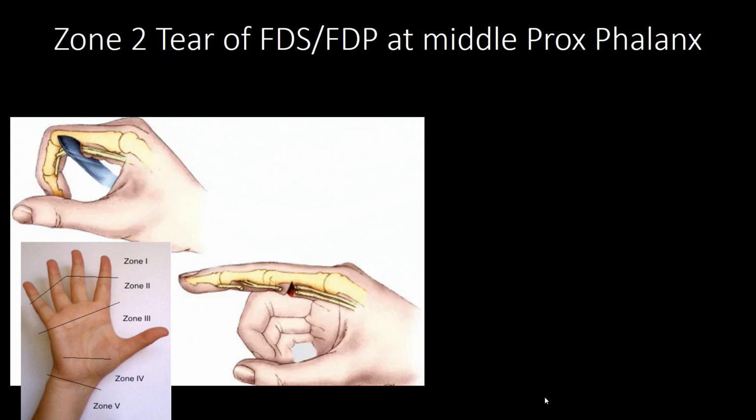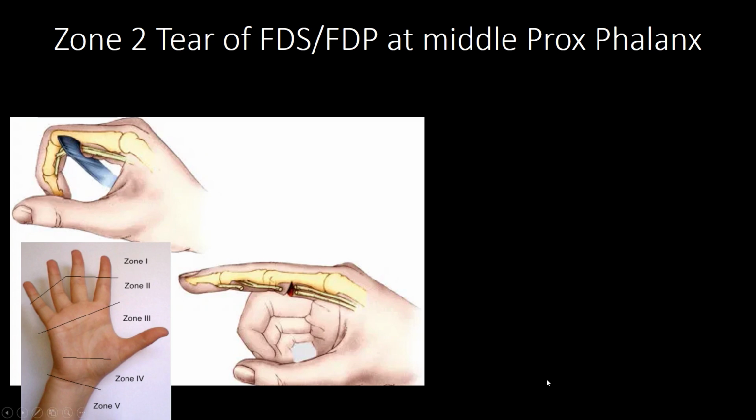I want to talk about Zone 2 before we leave our flexor tendon discussion here. A classic injury is when someone is trying to hold something and cut. Don't do that. I've heard of bagels or vegetables. People are cutting and they're holding and something slips and the knife goes down.